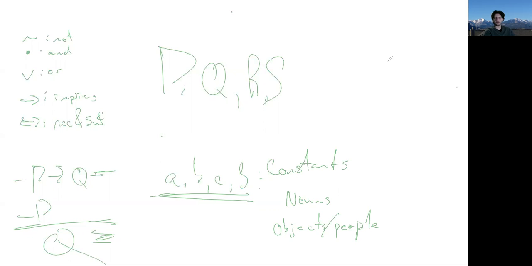So the idea is whenever we're doing logic, especially with predicate logic, there's always a domain of discourse, which is just a fancy way of saying a group of things you're talking about. So in the back of your mind while thinking about these things, just pretend that you have a list of all the different objects in the world.